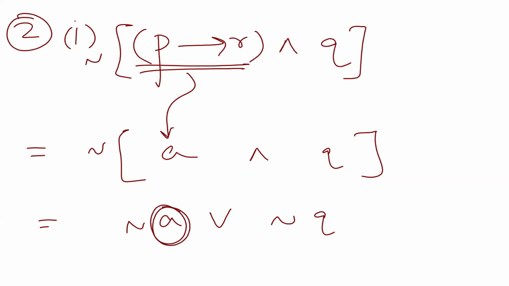Now we'll rewrite the value of A and write this negation also. Negation of P implication Q or R.